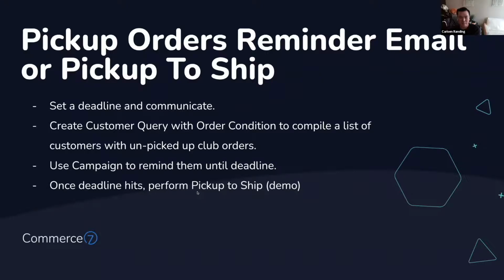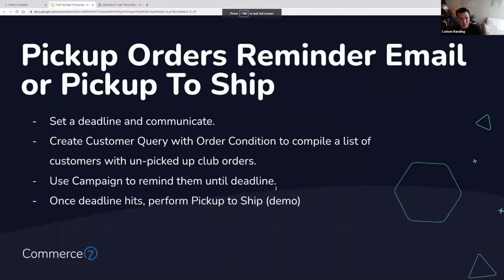We have a functionality available to convert pickup orders into shipping orders. It will charge the default credit cards on file for the additional shipping fee, and it'll convert the pickup order into a shipping order using the credit card and the default address. So I'm going to demo that step here.